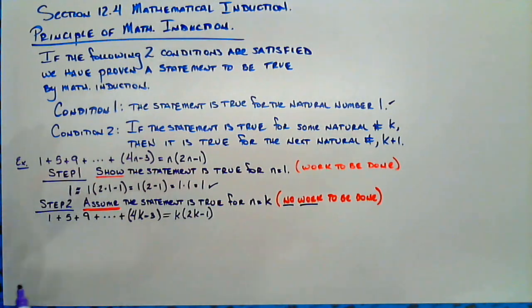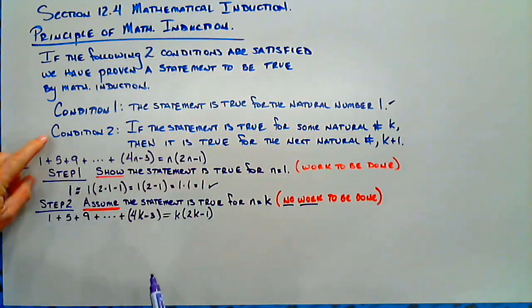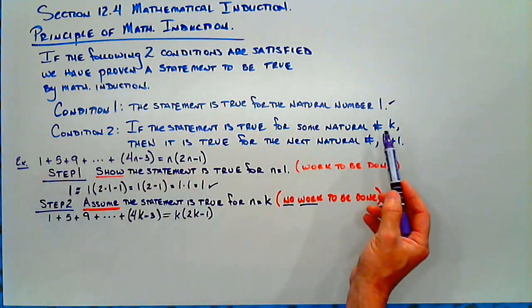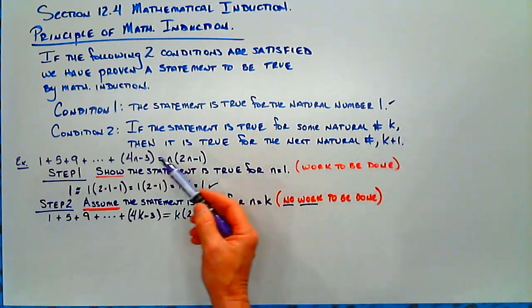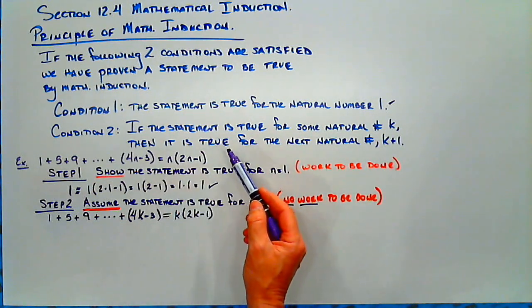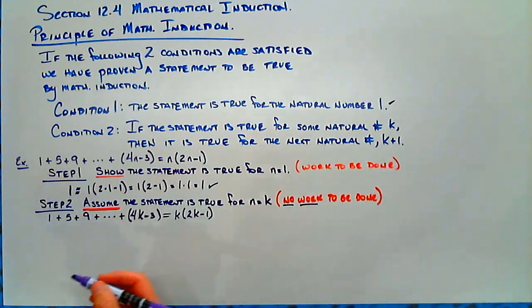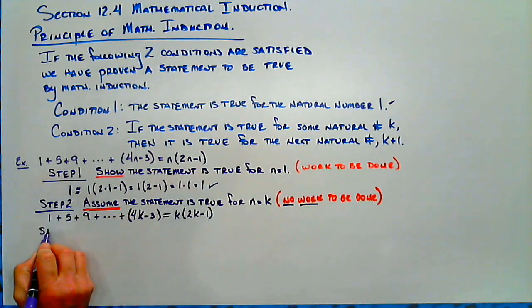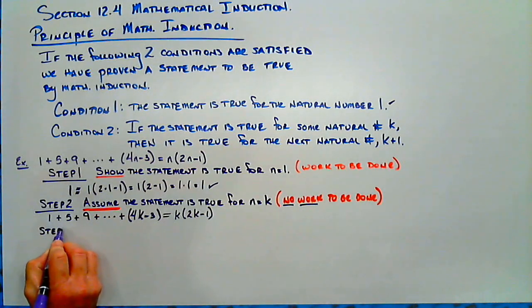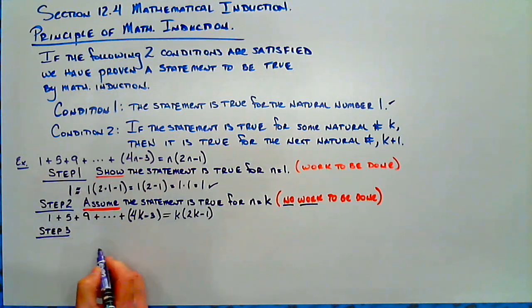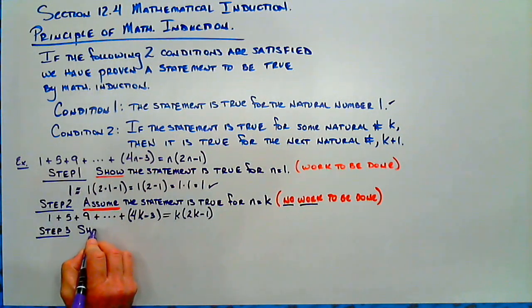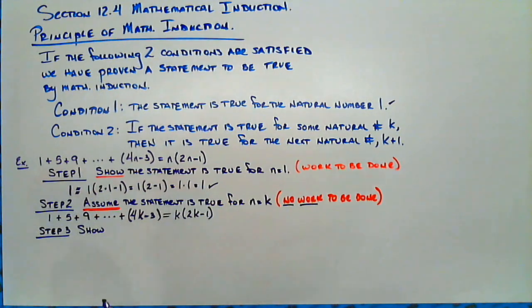Now, what does this condition 2 say? It says if the statement is true for the natural number k, then it follows that it's true for the next natural number. So that gives us a hint about what step 3 is going to be. Step 3 is going to say show, all right, and we know what that means.